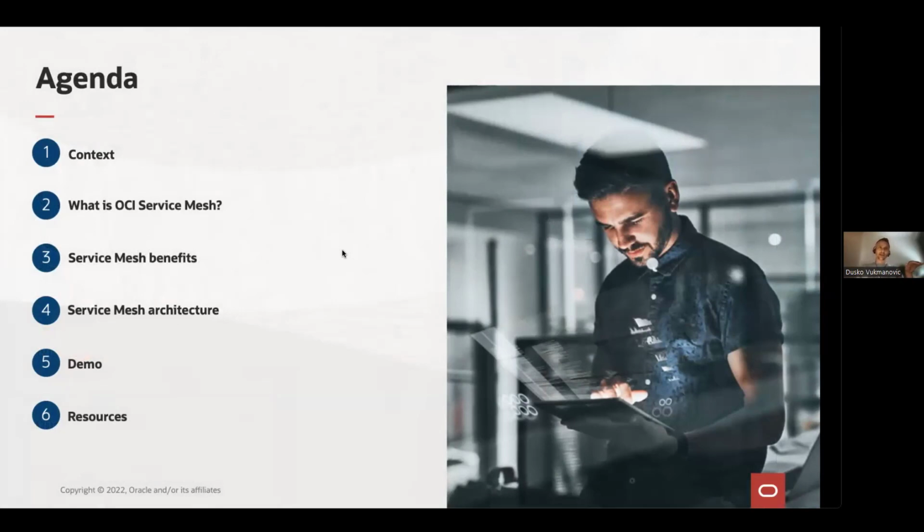I will not go into that much detail, since this is for developers, and I'm assuming you already have some needs for that. But then I'll talk about what the OCI Service Mesh is, how we implemented it, and what benefits you can gain. The majority will be the architecture, how you can use it, and then the demo that shows you those benefits.